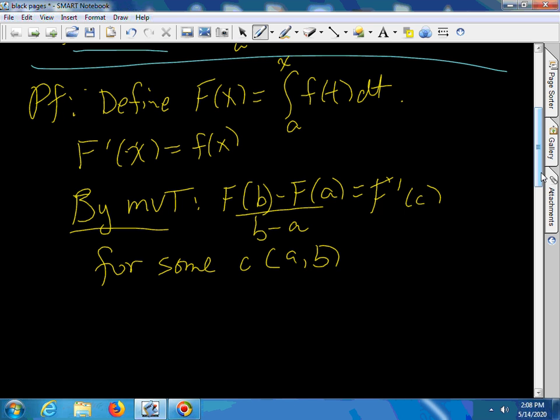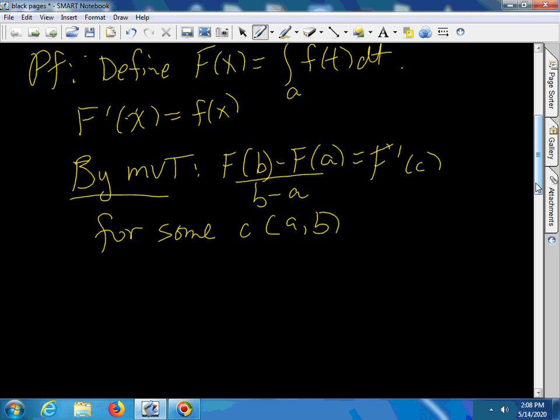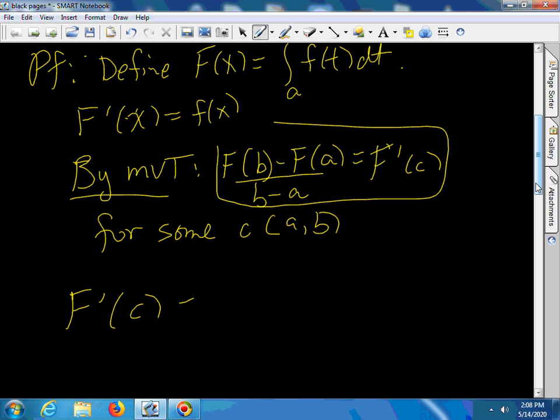Now, rewriting this equation, F prime of c times b minus a is equal to F(b) minus F(a).